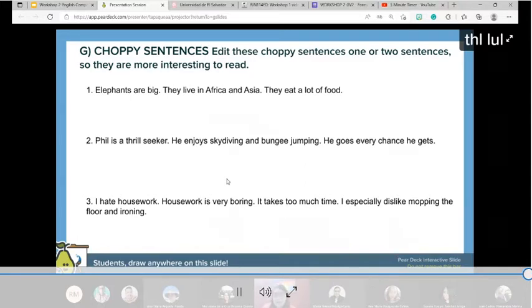Elephants are big. They live in Africa and Asia. They eat a lot of food. How do we make it a flawless sentence? How do we make it smooth and easy to read?